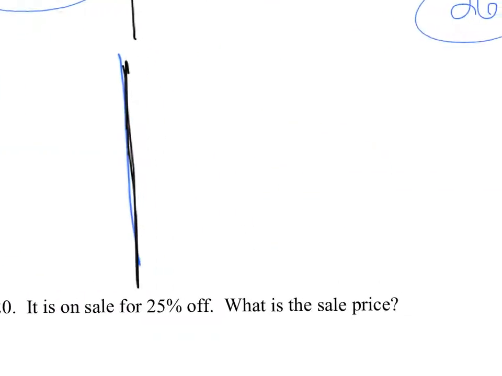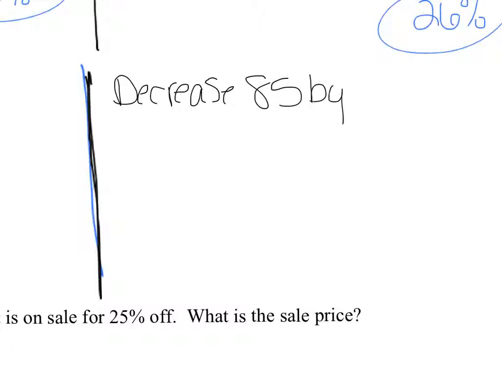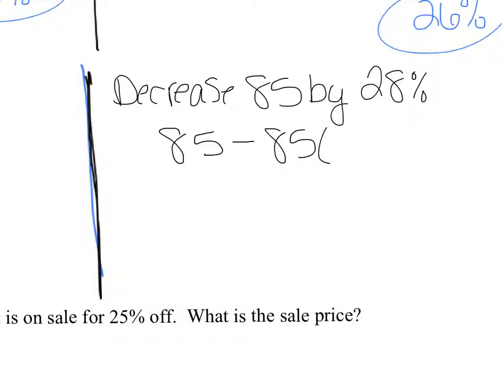Okay, we can do the same thing, but we can decrease the number. So if I want to decrease 85 by 28%, this time I'm going to take that 85 and subtract 28% of 85 because it is a decrease.